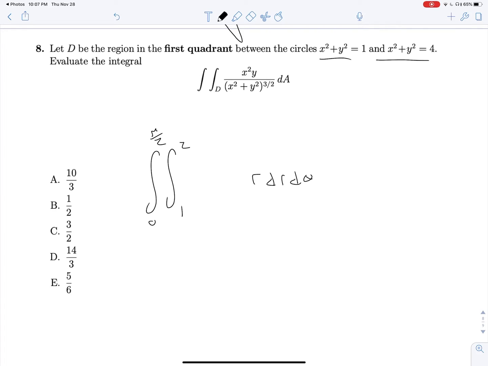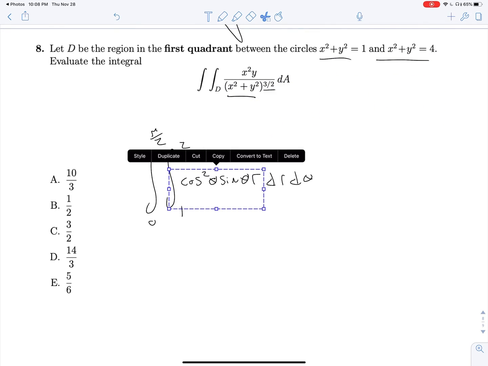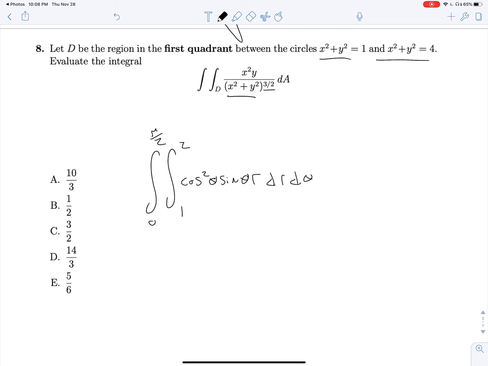So if we convert this, we know that x is r cosine theta and that y is r sine theta. So this will be r cubed cosine squared theta sine theta over r squared to the 3 halves, so r cubed. And okay, it's actually not so bad. So we've got this thing, and we can stick it right in here with our r and integrate away.